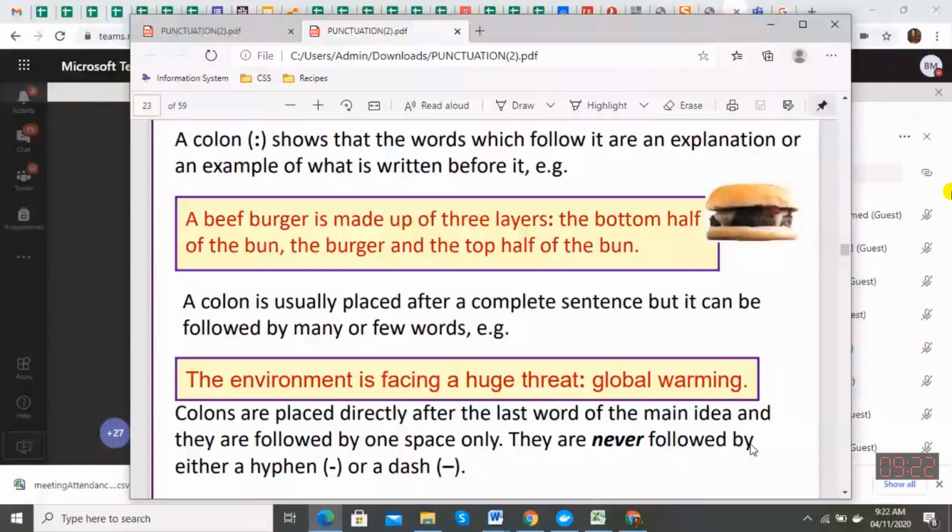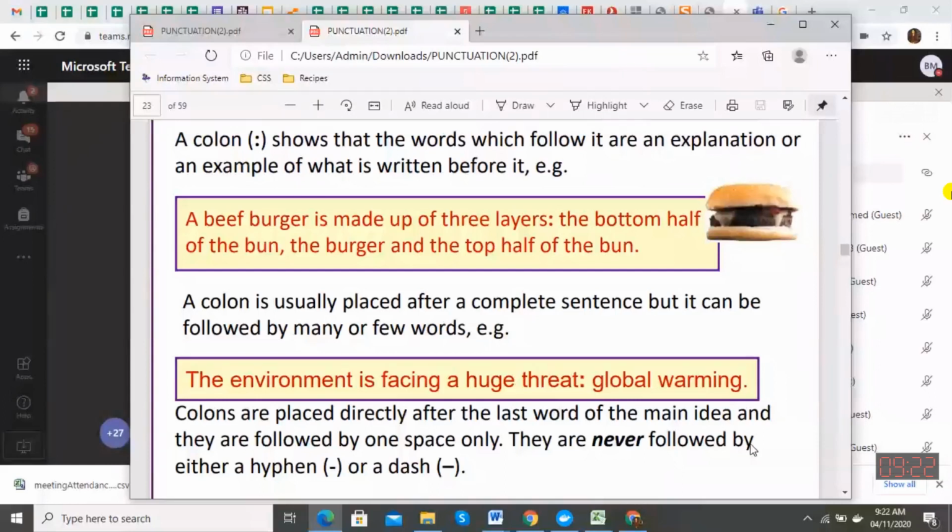There are so many other threats also. अगर मैं यहाँ पे आगे further explain नहीं करूँ कि what kind of threat this environment is facing, so you might interpret it in your own way. So I have made it clear कि global warming के बारे में मैं बात करना चाह रही हूँ.